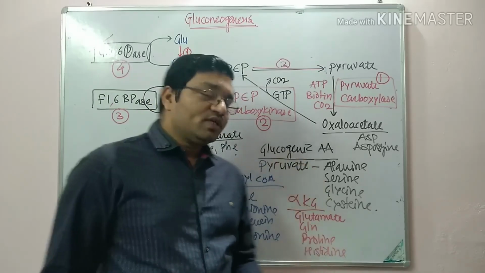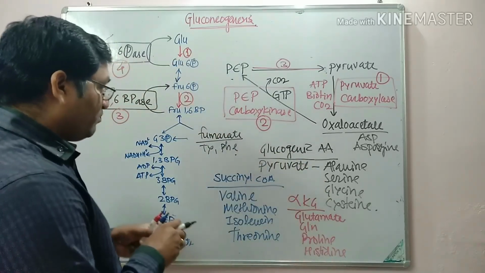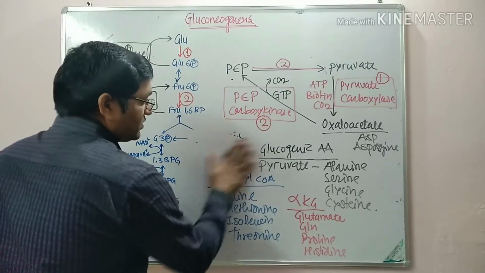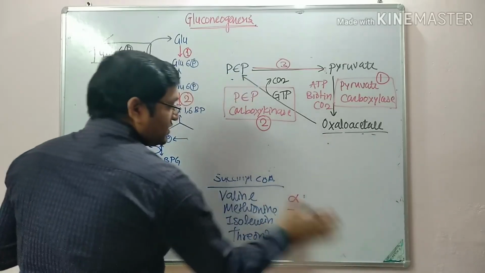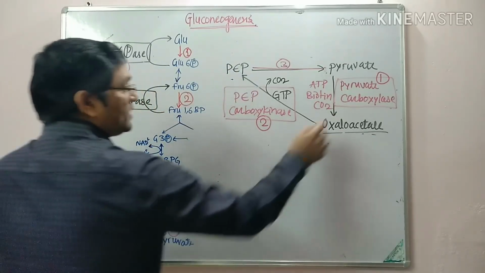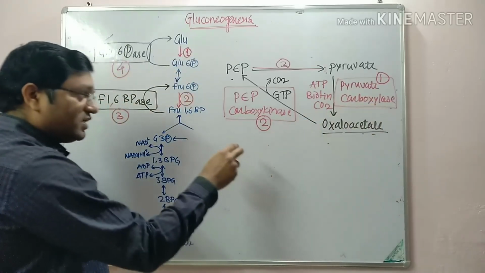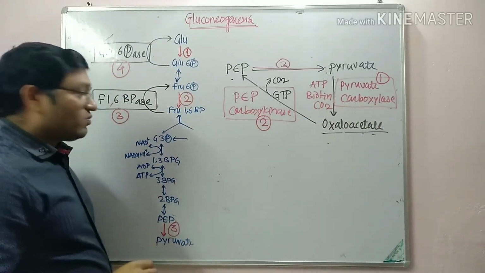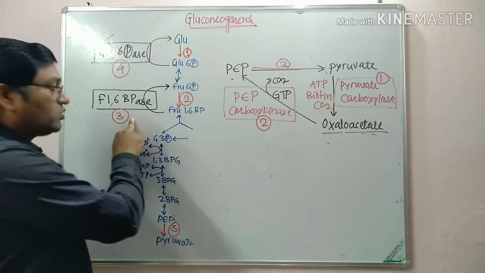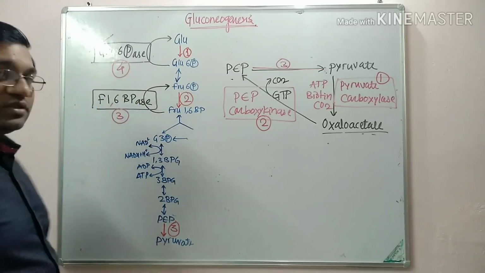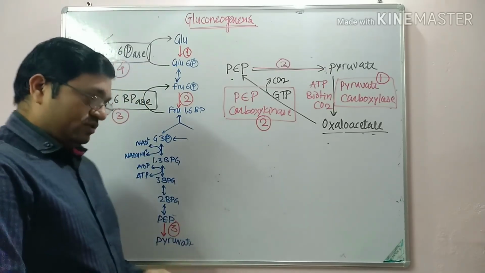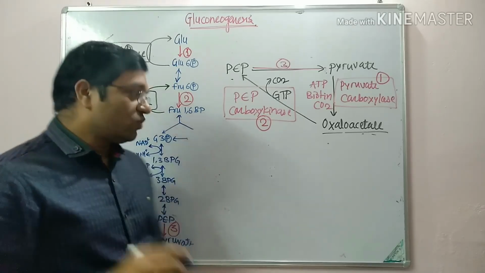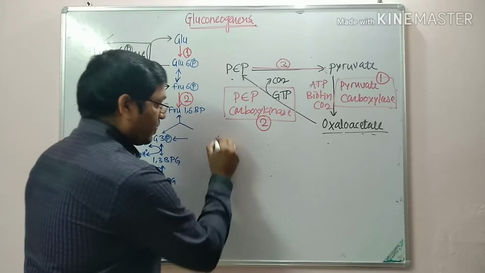Now coming to the regulation of gluconeogenesis. The main key enzymes for the regulation of gluconeogenesis are these 4: pyruvate carboxylase, phosphoenol pyruvate carboxykinase, fructose 1,6-bisphosphatase and glucose 6-phosphatase. These enzymes are regulated by 3 mechanisms.